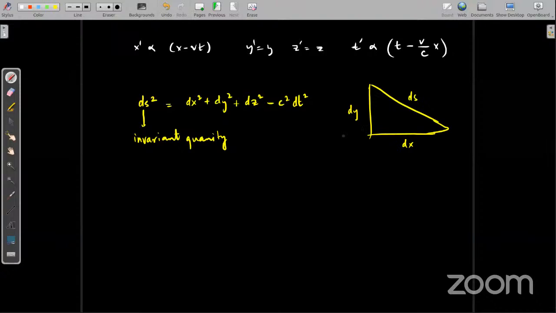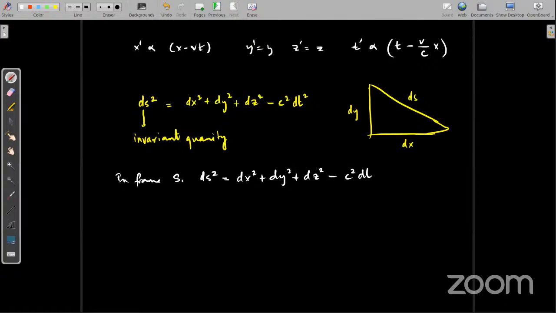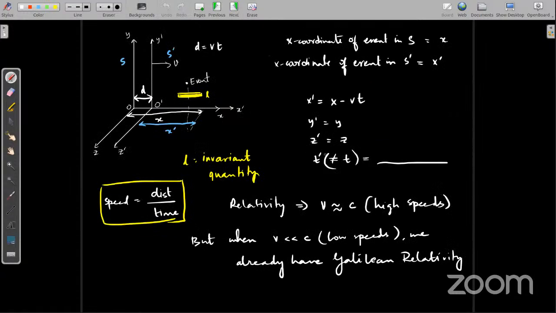Coming back to this, we have now defined our ds squared. In frame S, the stationary frame, the invariant quantity ds squared is dx squared plus dy squared plus dz squared minus c squared dt squared. In frame S dash, the moving frame, this person would measure in a different coordinate system, where we define x prime and t prime.